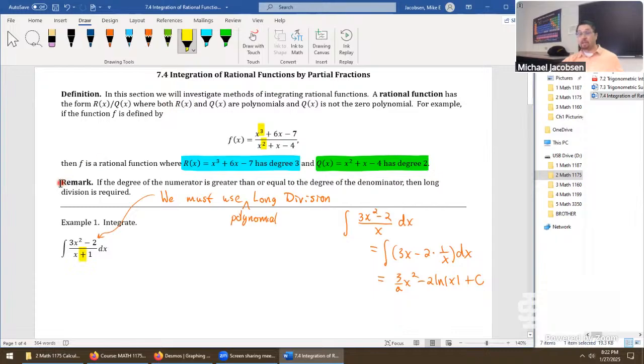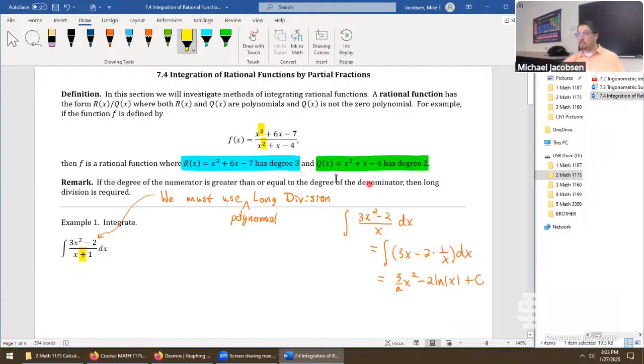And suddenly, this is the big remark that we should watch out for. Not because it comes up all the time in the homework. You'll probably have to do this 2 or 3 times. But you don't want to have a trick question those 2 or 3 times it comes up. If the degree of the numerator is greater than that of the denominator, like in that configuration, we need long division. Unless it's not, in which case just keep on doing what you would typically do in this situation.